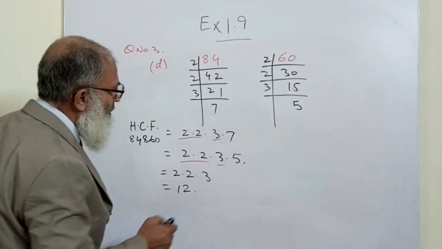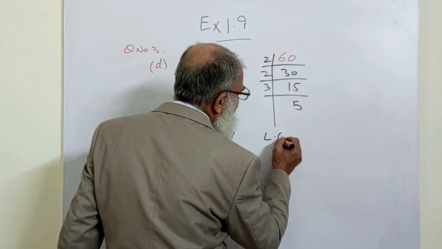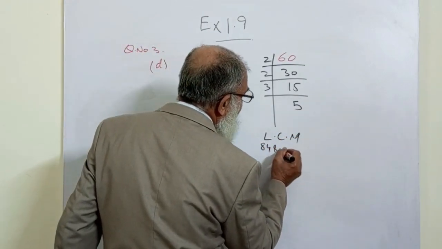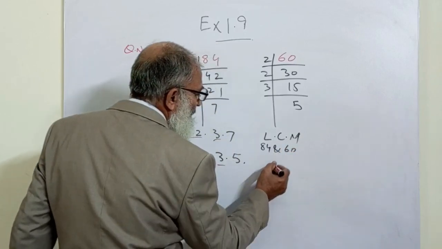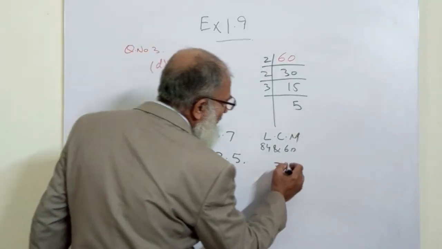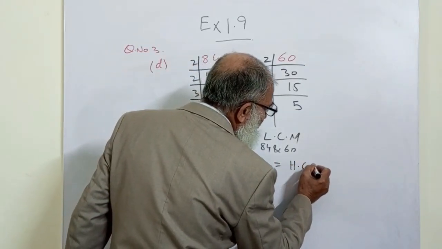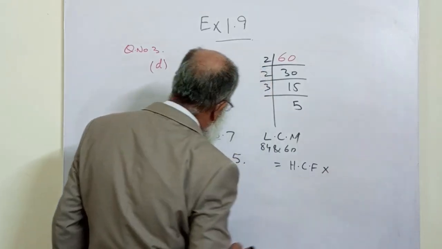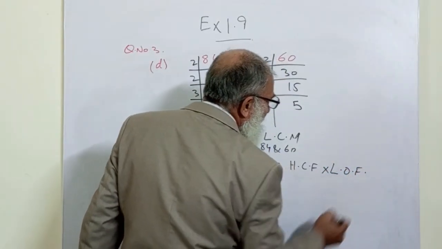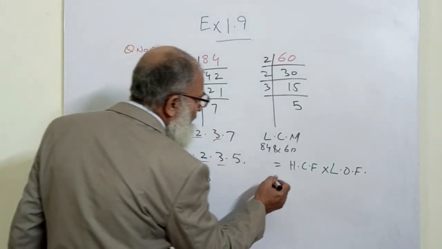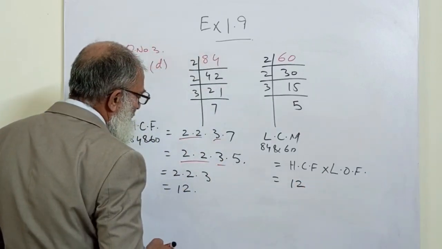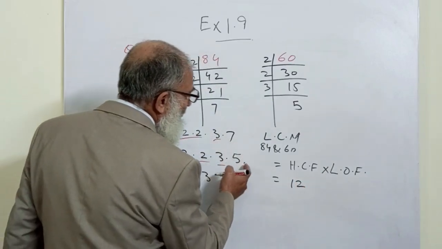Now the LCM of the same numbers, 84 and 60, is equal to, if I take my own formula, HCF times leftover factors. HCF is 12, and leftover factors are 7 and 5.